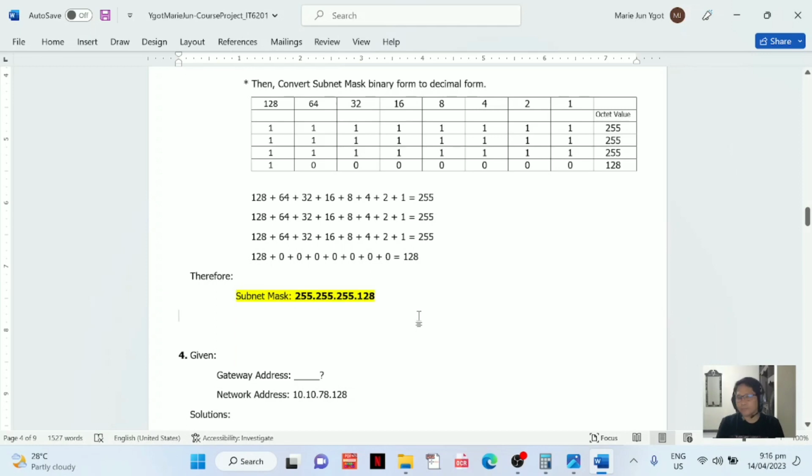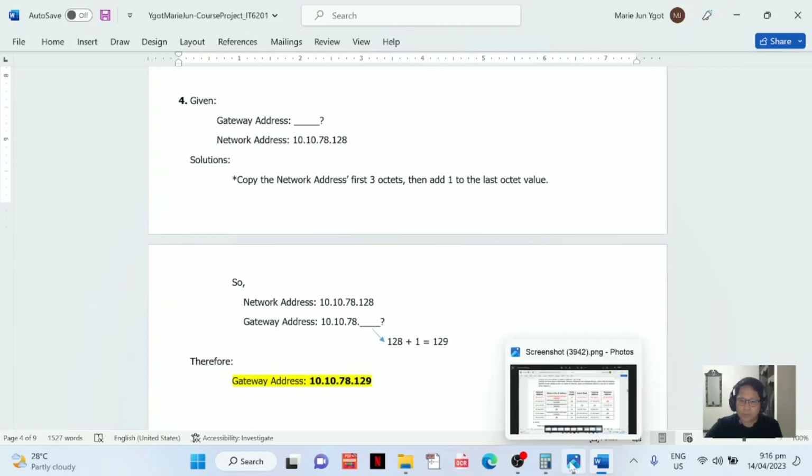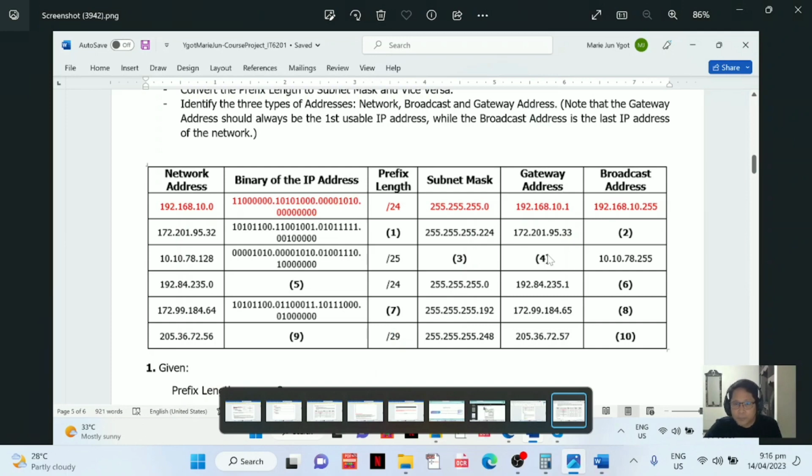Okay. So let's move on to our fourth problem. Our fourth problem is we're going to find the gateway address.